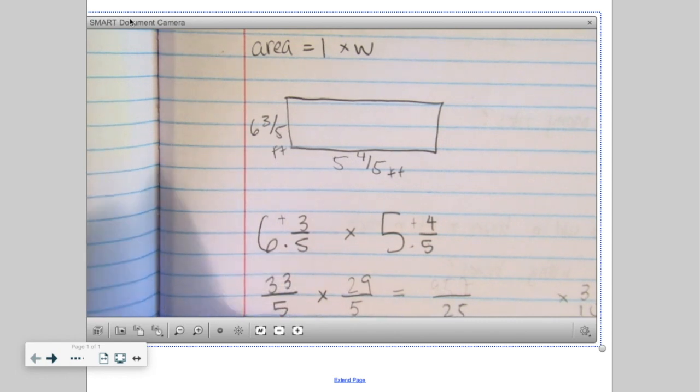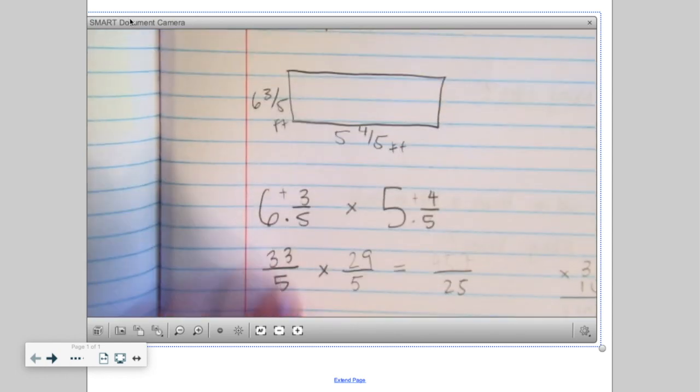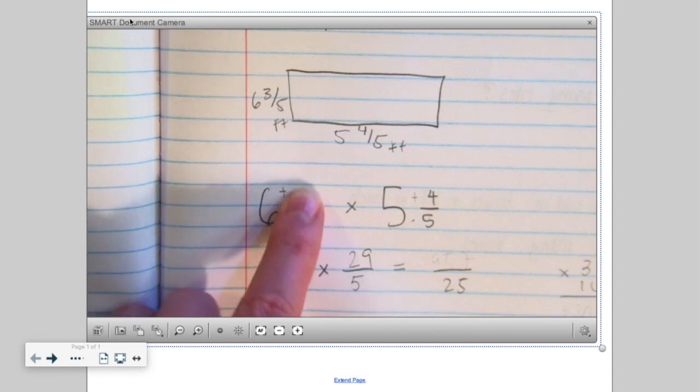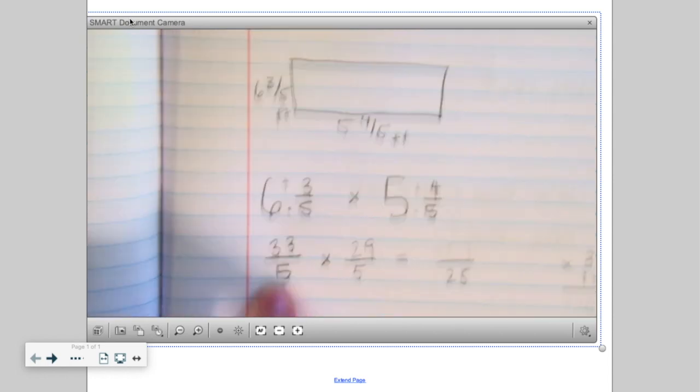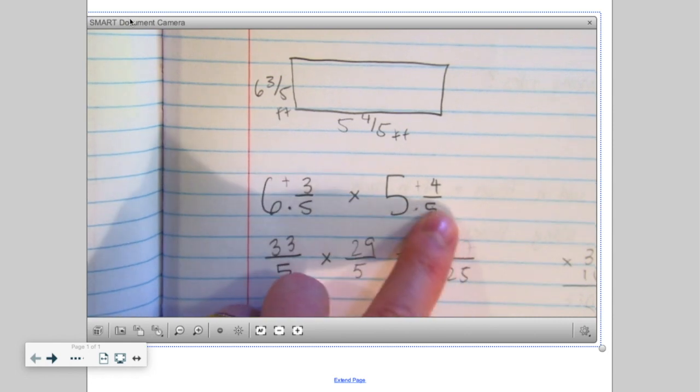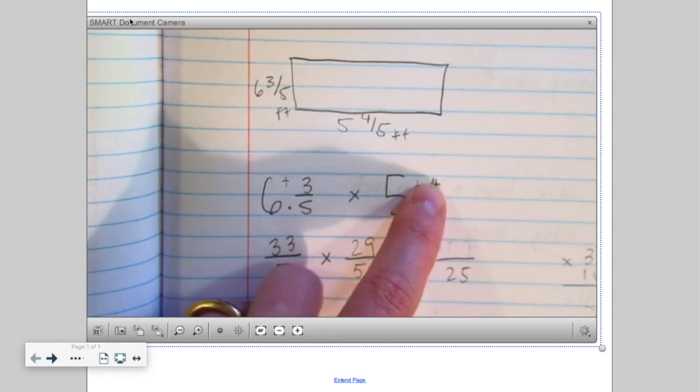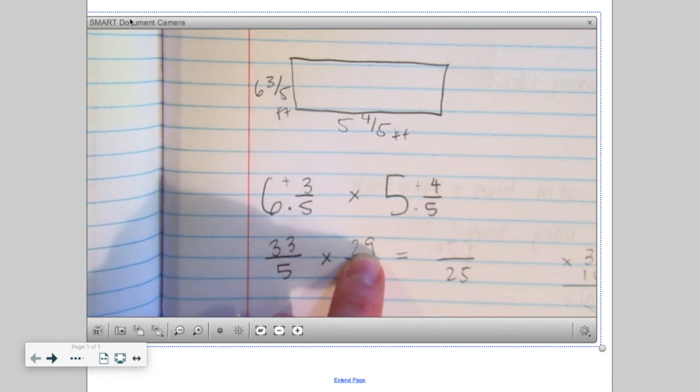I have to turn them into fractions greater than 1. So to do that, I multiply my denominator by the whole number, and then I add the numerator. So 6 times 5 is 30, plus 3, 33/5. Then 5 times 5, 25, plus 4, 29. So I've got 29/5.